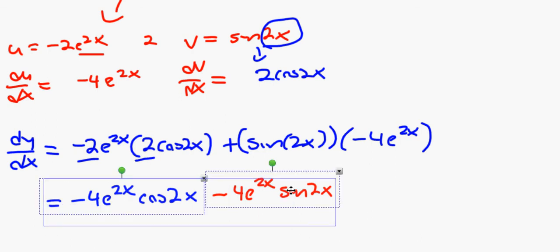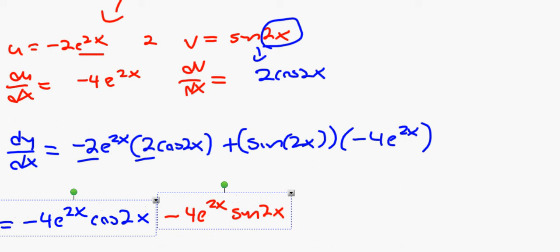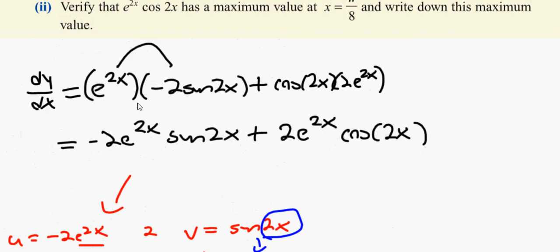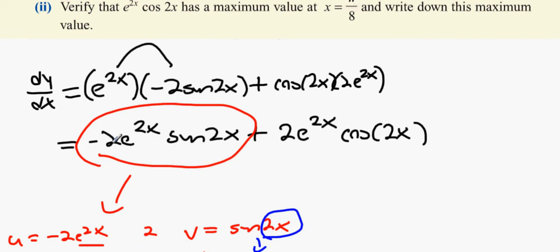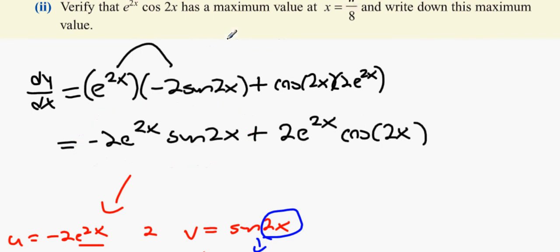So right here, we've only differentiated this part here so far. But what we know about this one is it's going to be 2 times the derivative of this part here.